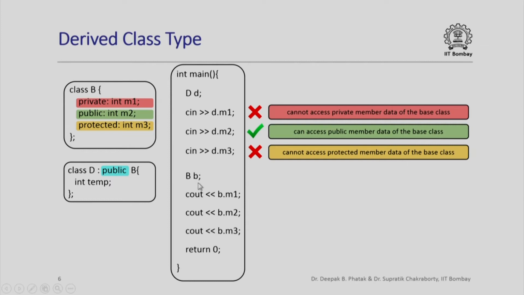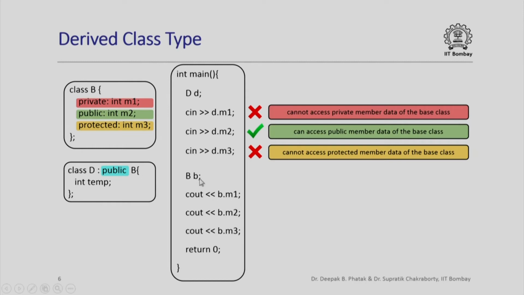Now similarly, here is an object b of the base class capital B, and here I am trying to output the values of b.m1, b.m2, b.m3.